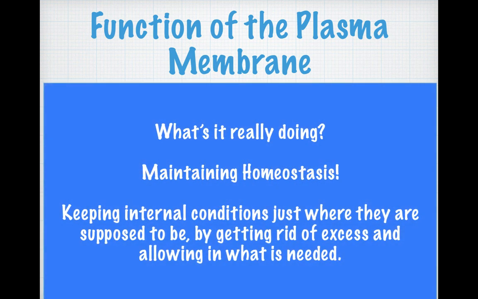What we are really doing when we do these things, what we are saying without coming out and saying it, is we are maintaining homeostasis. The definition of homeostasis is to keep internal conditions just where they're supposed to be. And we do that by getting rid of excesses and allowing in materials that we need.